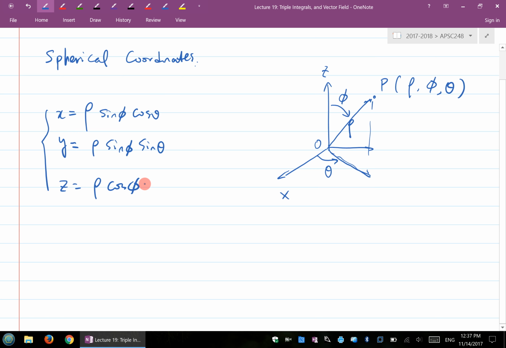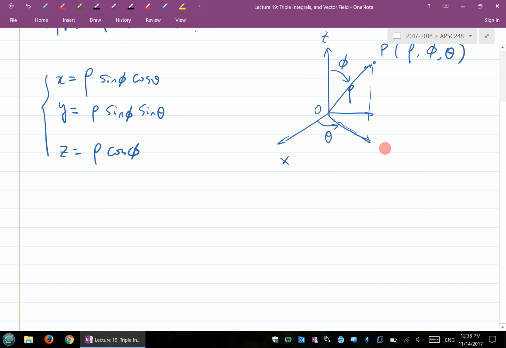Now, in the previous lecture we also illustrated that if you have an equation of a surface or a 3D object, you can always transform the equation from x, y, z coordinates into rho, phi, theta spherical coordinates by using the substitution, the three equations here.